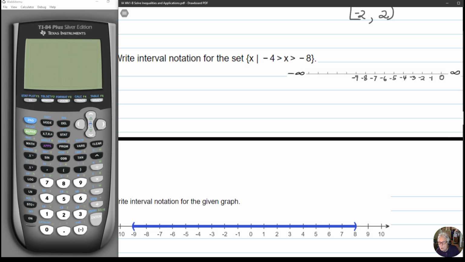X is between -8, which is on the left, and -4, which is on the right. X cannot equal -4 and it cannot equal -8. So I use parentheses.